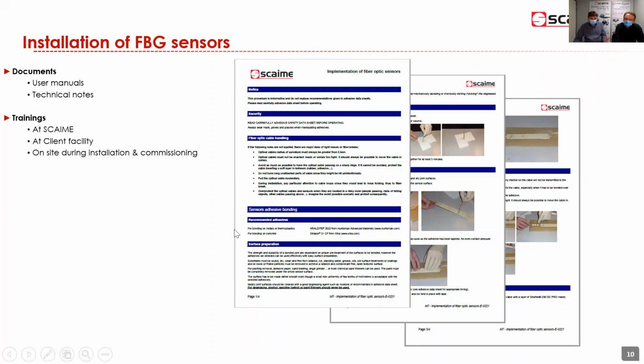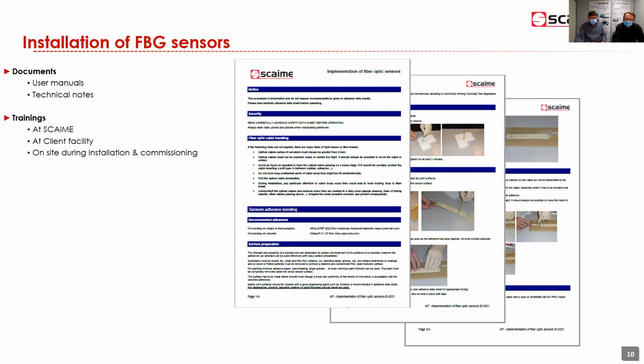In this case, if it's for bonding, we also give some glues that we have selected and know work well. It's not mandatory to use those, but at least you have some ideas. There is surface preparation for the bonding, and then, with pictures, the different steps of the installation.